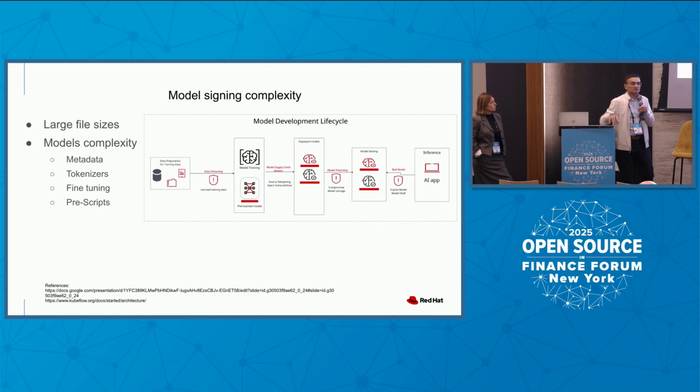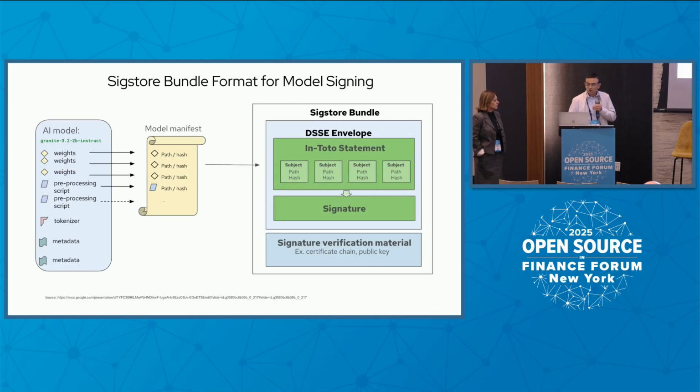So this is where the Sigstore community, and again, we had folks in these meetings from NVIDIA, Microsoft, Red Hat, came up with a model transparency library based on Python for signing AI models. And the whole idea is that you'll be basically capturing all the elements of a model in a serialized manifest.